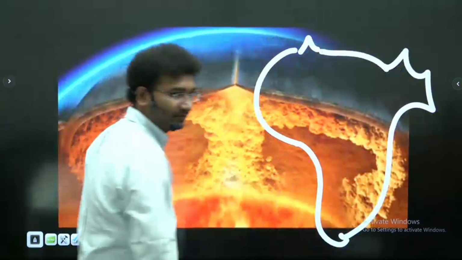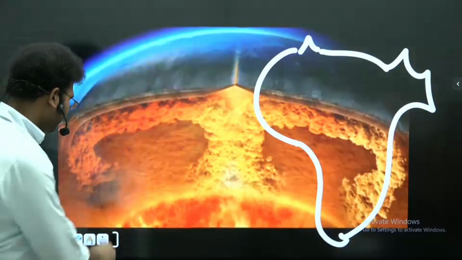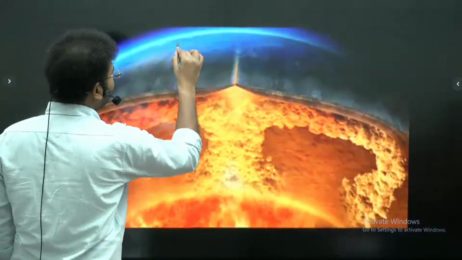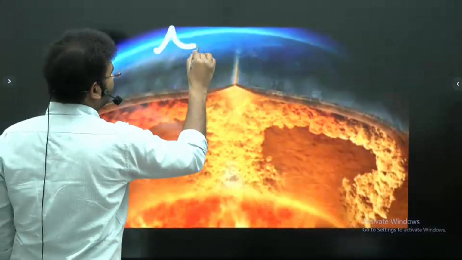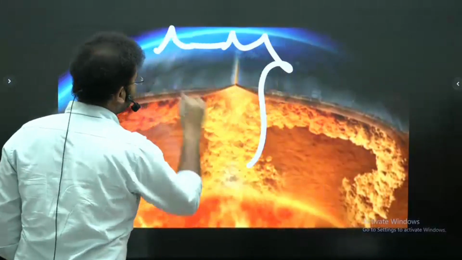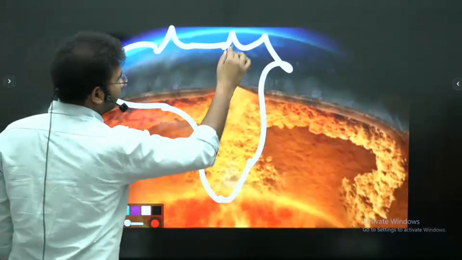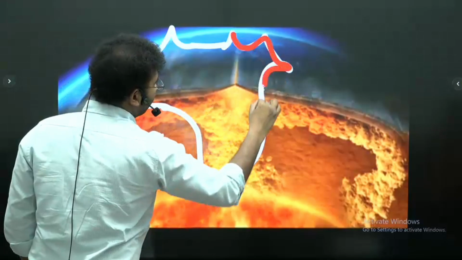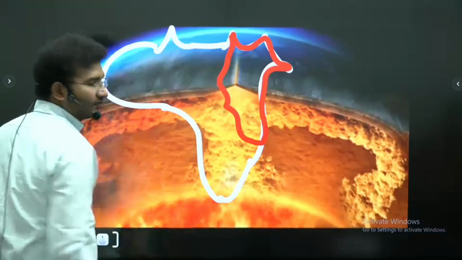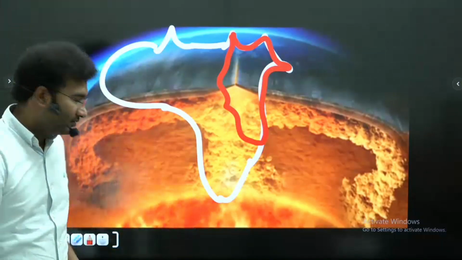This is your Africa. So literally, if you look into Africa, this part of Africa is actually getting separated. ठीक है?